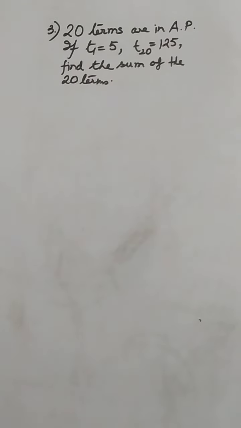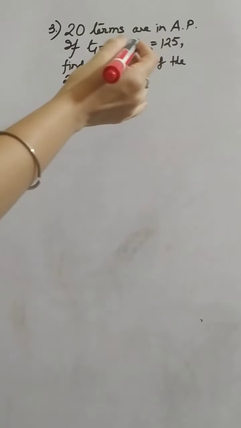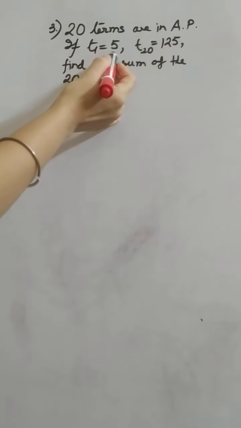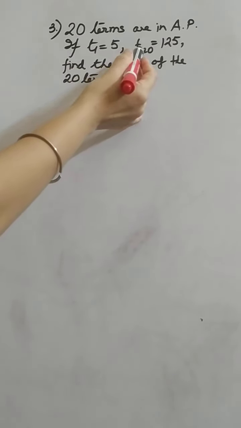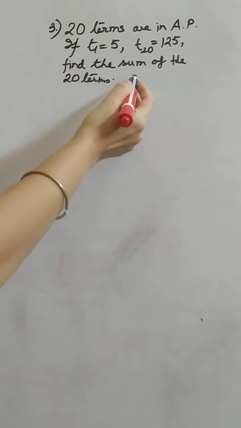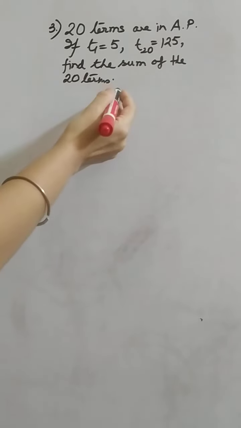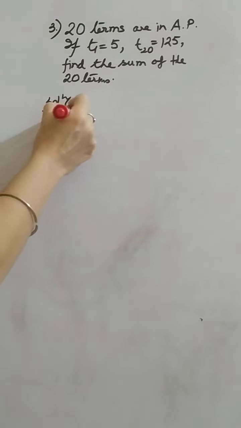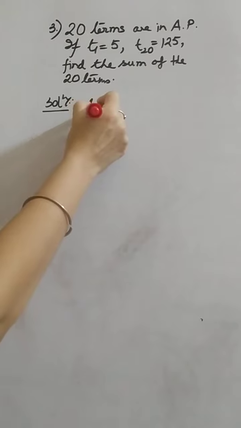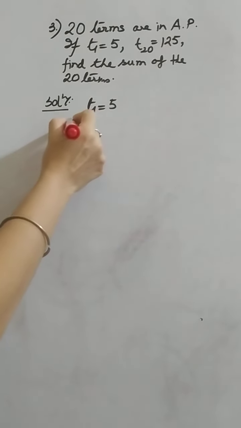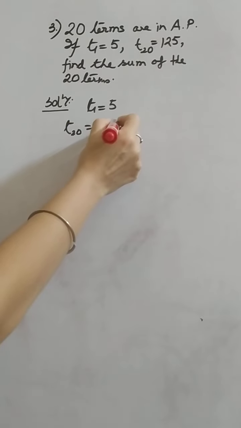Third question. 20 terms are in AP. If the first term or T1 be 5, the last term or T20 be 125, then find the sum of the 20 terms. Solution, T1 is equal to 5, T20 is equal to 125.